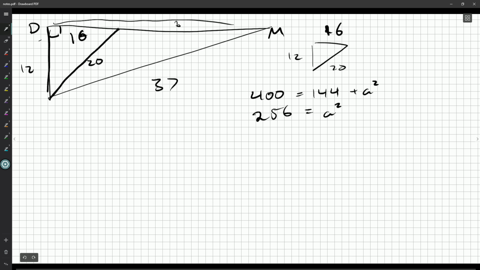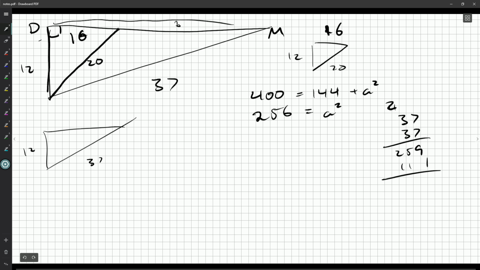Well, how long is it from M to D? There's where our other triangle is going to come in. 37, 12. I don't actually know off the top of my head, and I don't remember the perfect square of 37, but that's okay. Even without a calculator, we can quickly work it out. We get 1369.